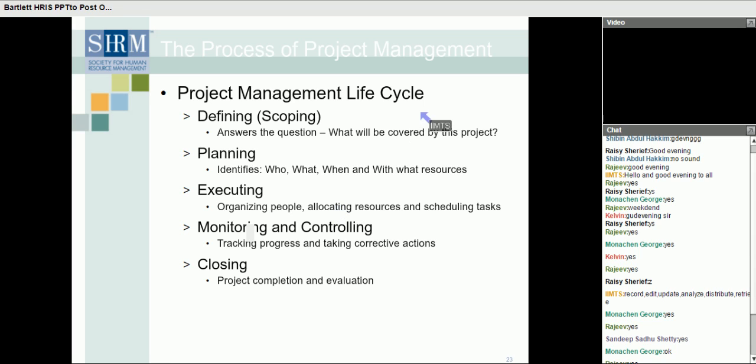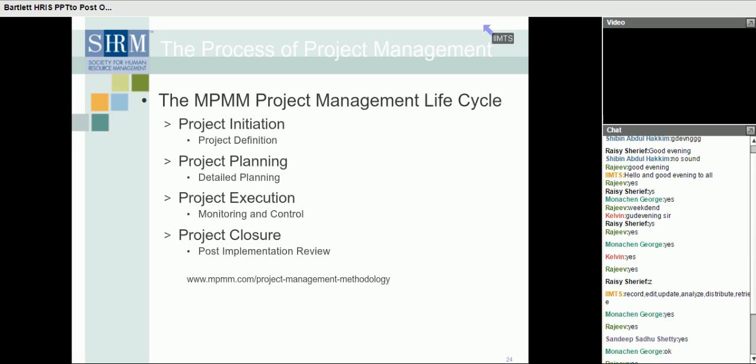And in closing part, you complete the project and evaluate it. So, the project management life cycle: one is project initiation, then comes project planning, then comes project execution, and then comes project closure.